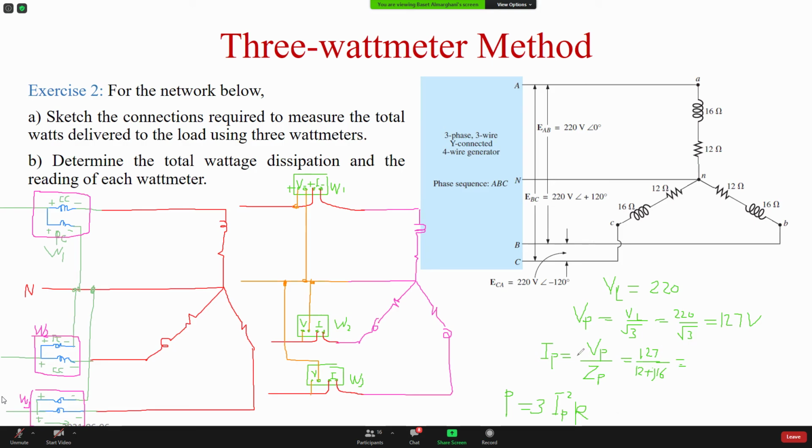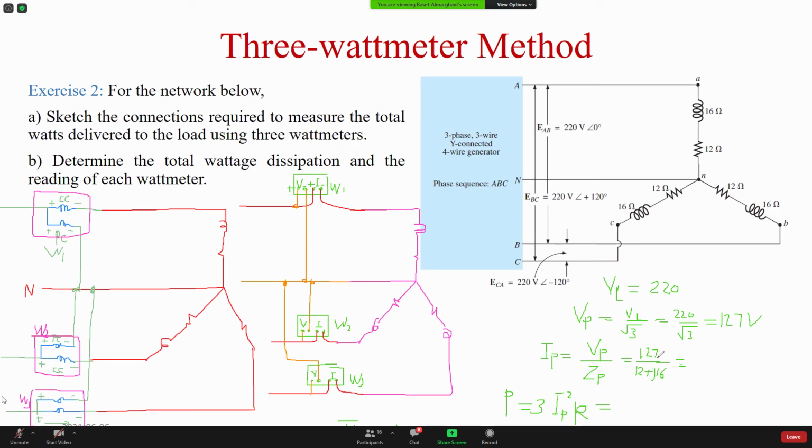I'm just going to take the magnitude. Then I plug it here. This is the P. Now the reading of each watt meter will equal the power per phase, which is P divided by 3. This is the 3 phase.